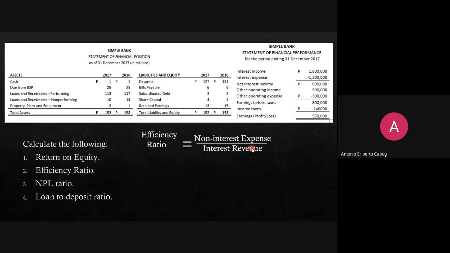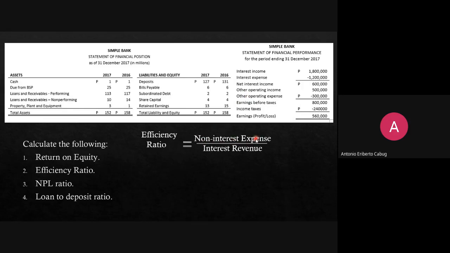In order to operate a bank, you need to pay for people like tellers, bank managers, support staff, security, utilities, etc. All of those expenses are said to be non-interest expense or other operating expenses. The expenses needed to operate the bank are called other operating expenses or non-interest expense.